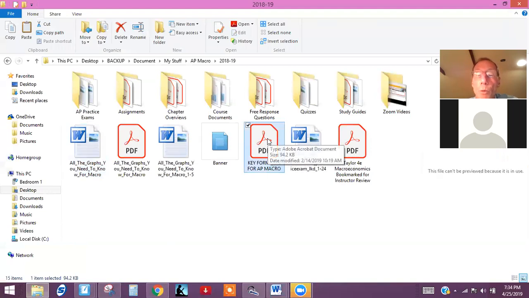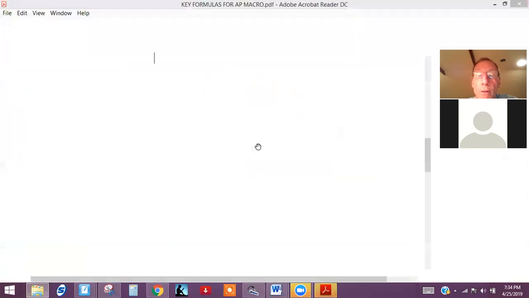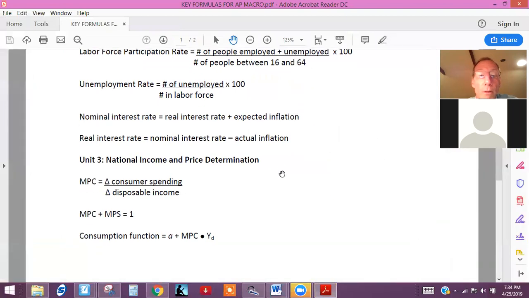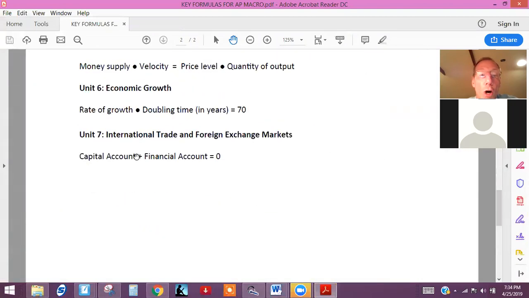Whenever I'm wanting it to be quick, it takes forever. Here it goes. This right down here is wrong. This should be current account. The capital account and financial account are the same thing. This should be current account plus financial account always equals zero.